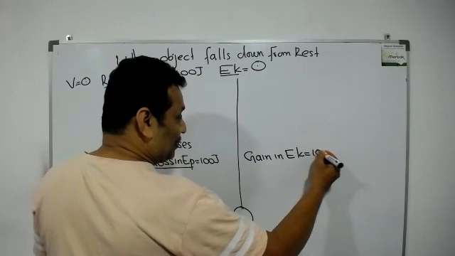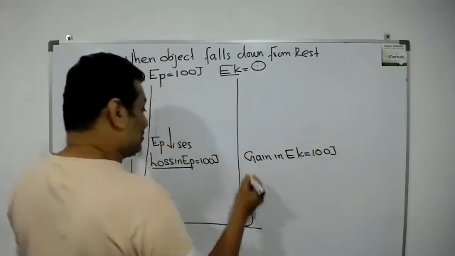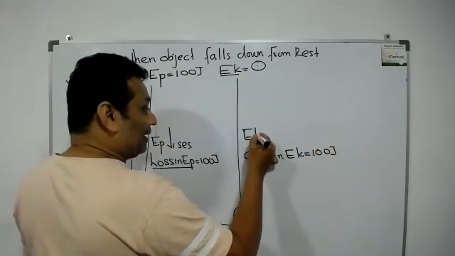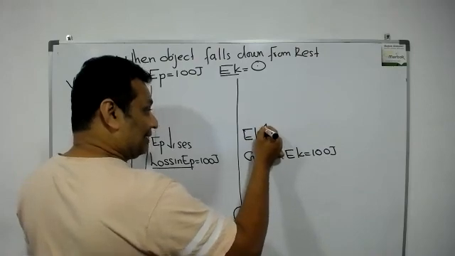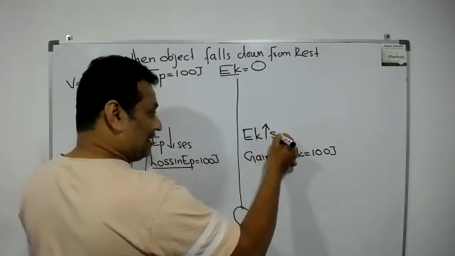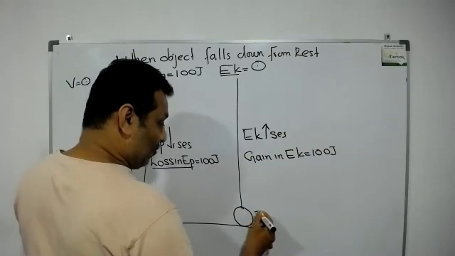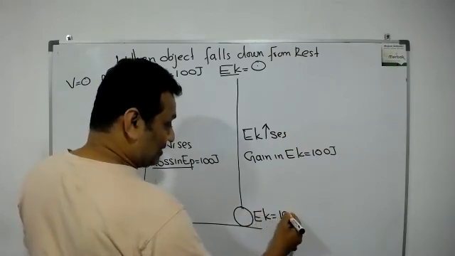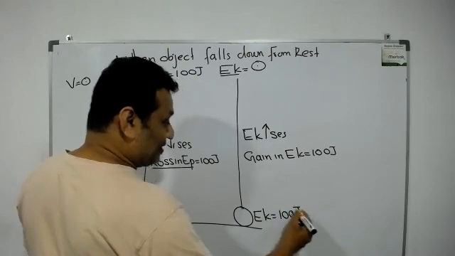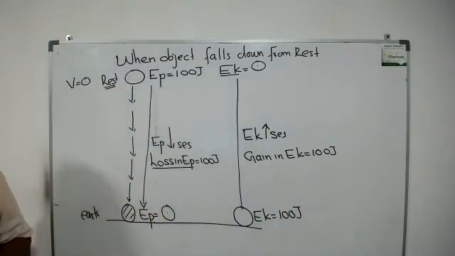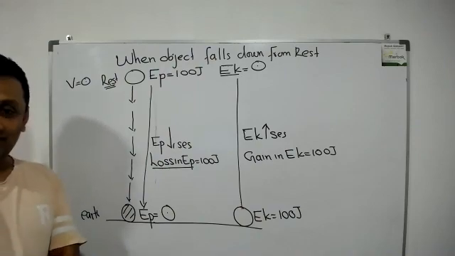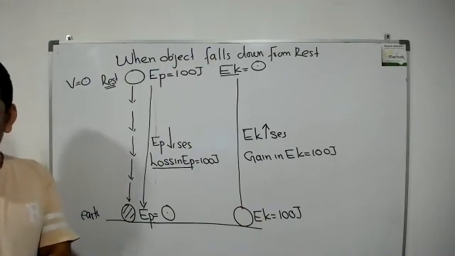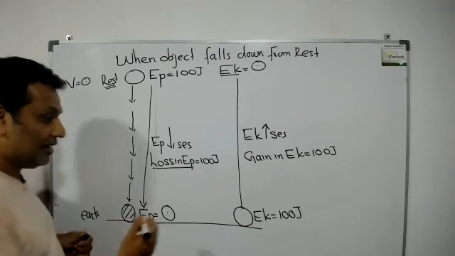That is how many joule? 100 joule. What is happening to EK? EK increases. So when the object touches the ground, its kinetic energy will be 100 joules. Are you clear?